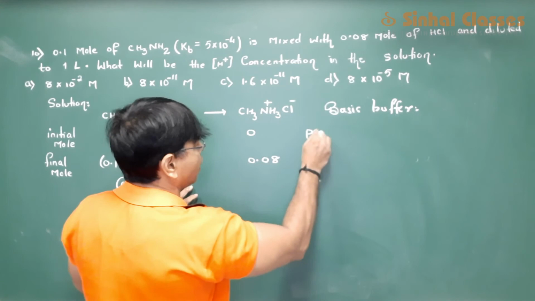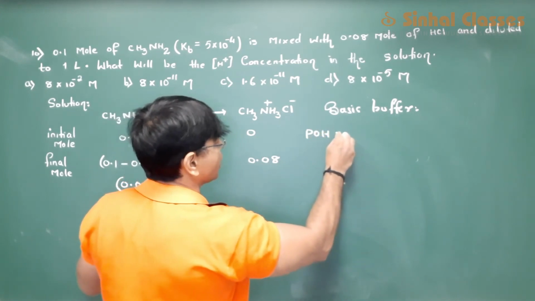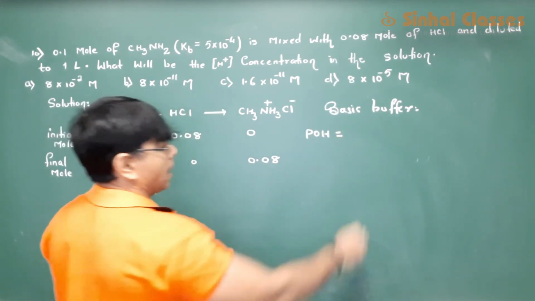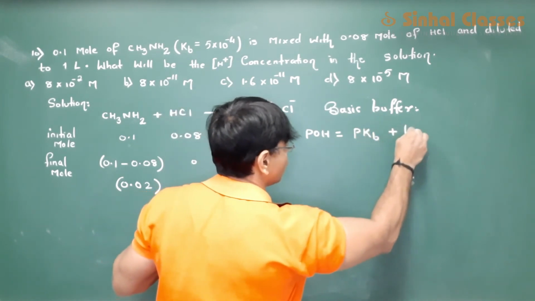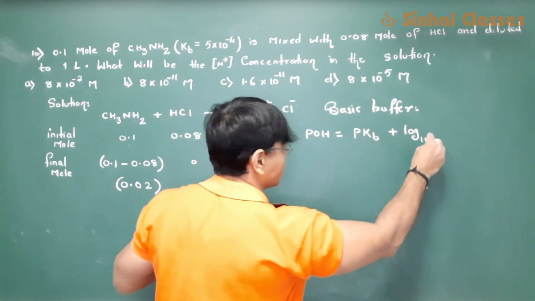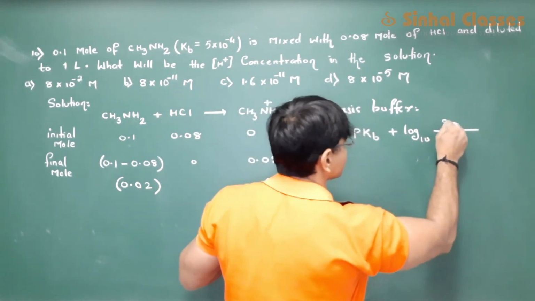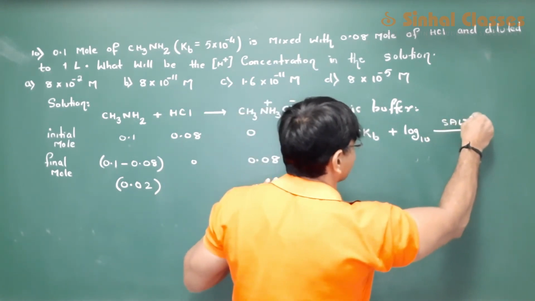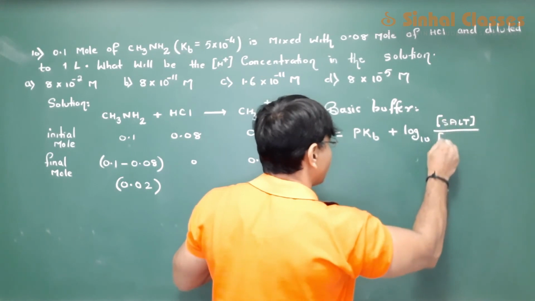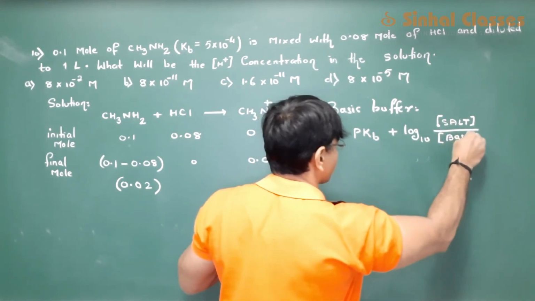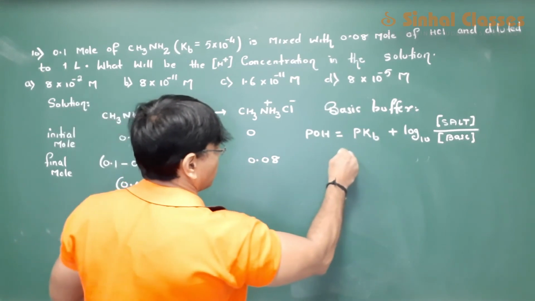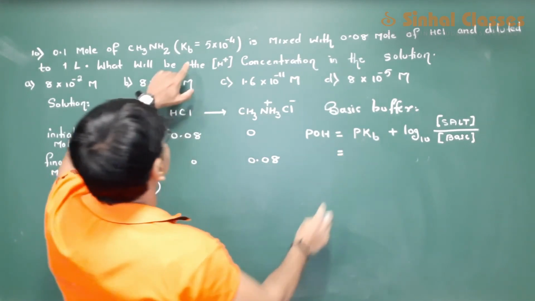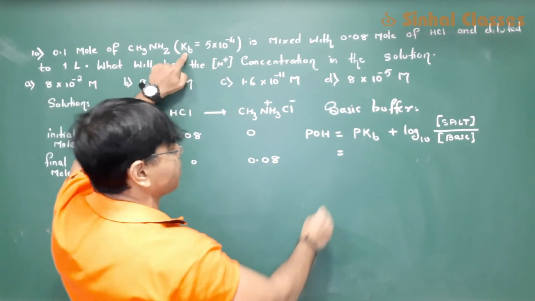For a basic buffer, we have pOH is equal to pKb plus log to the base 10 of the ratio of salt concentration upon base concentration. Now putting the values here, what is pKb? Negative log of Kb.